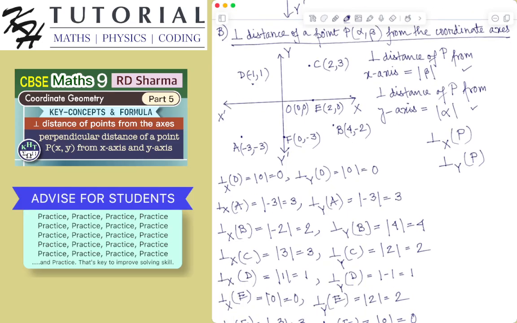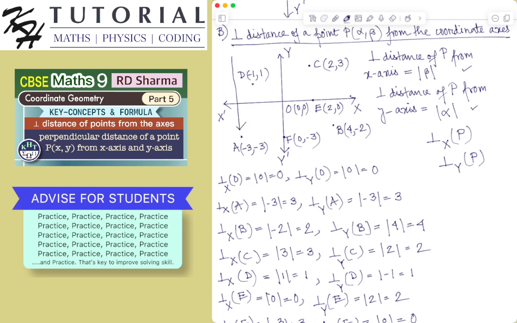So this was the perpendicular distance of a point alpha beta from the coordinate axis. Now what about the perpendicular distance of a point from a line which is parallel to either the y-axis or the x-axis?